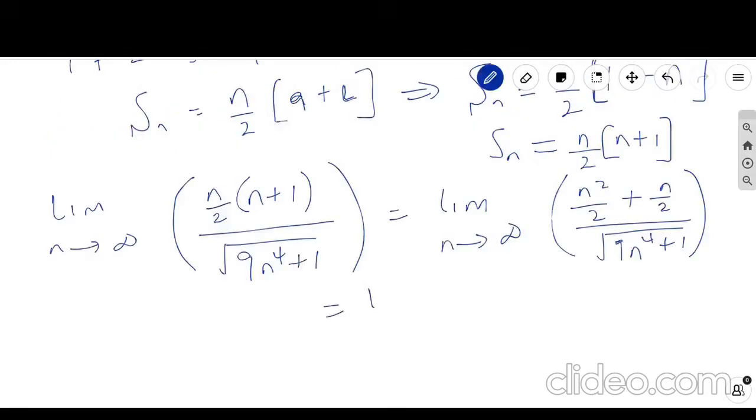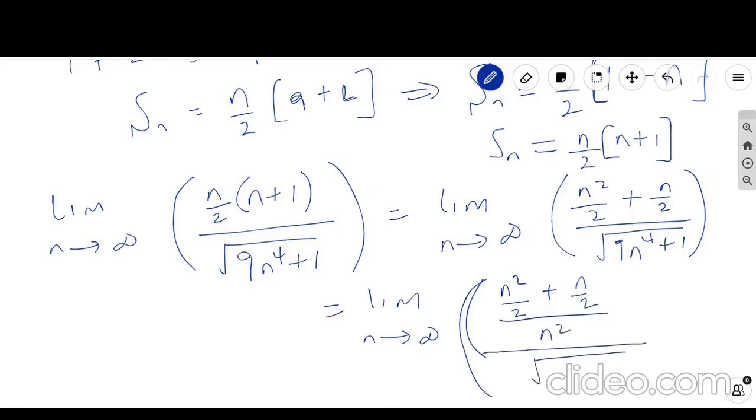So I write this as the limit as n tends to infinity of, don't forget, we are using n squared to divide up and down, so n squared over 2 plus n over 2 over n squared. Our denominator is also the square root of 9n raised to power 4 plus 1, everything over n squared.